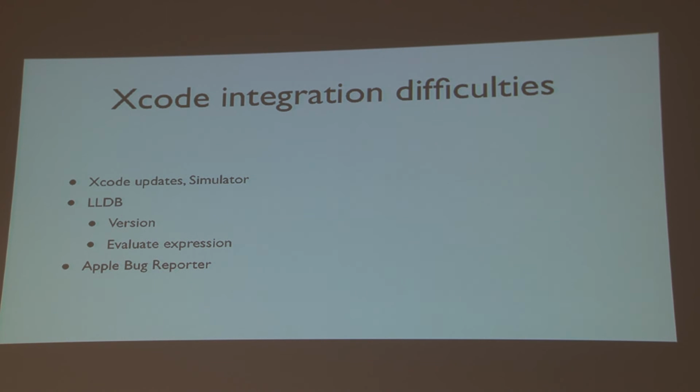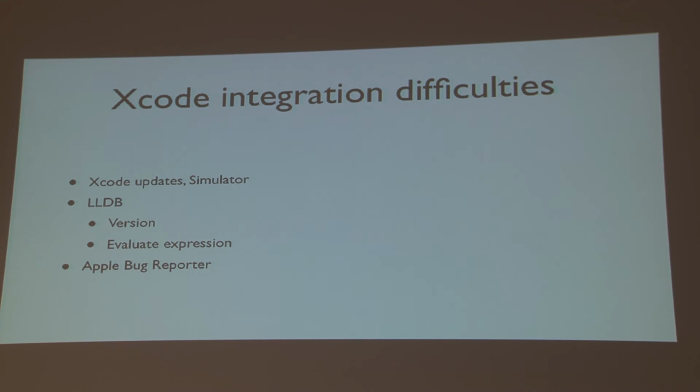So for example, code compiled in Xcode 5, if you give it to LLDB from Xcode 4.6, it won't show the contents of your objects because it doesn't understand what's going on. There are new debug symbols.